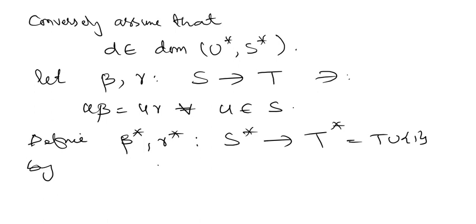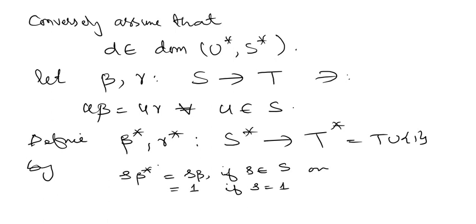Let's define this by S beta star is equal to S beta if S is in S, and it's equal to the identity जो हमने adjoint किया है, if S is equal to 1, and S gamma star is equal to S gamma same as gamma if S is in S, क्योंकि gamma S पर define है, beta भी S पर define है, and it's equal to 1 if S is equal to 1. Okay, then beta star and gamma star, they are monoid morphisms.